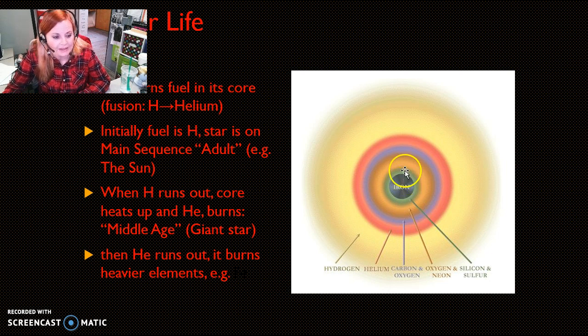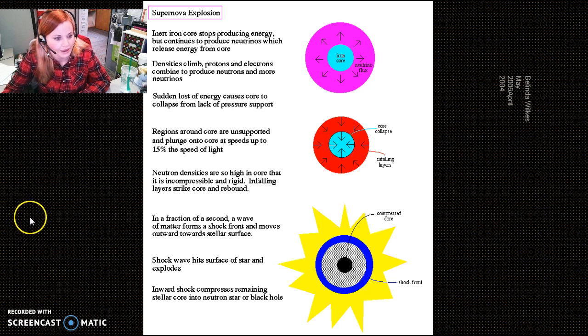What eventually happens is you end up with a core that is made of iron. And this is a very, very dense core, okay? In fact, it's so dense that the iron core produces neutrinos, which are releasing from the core. These are basically just neutrons, right, that are moving. And protons and electrons combine to make more neutrons and neutrinos.